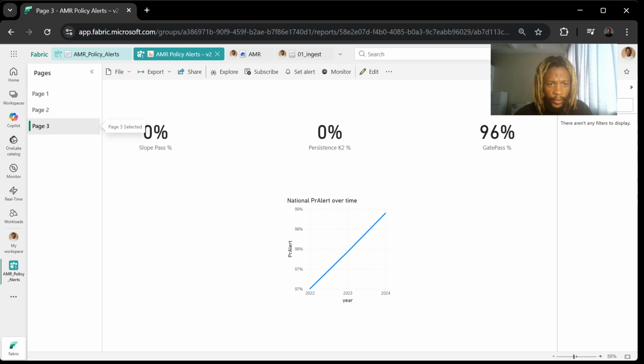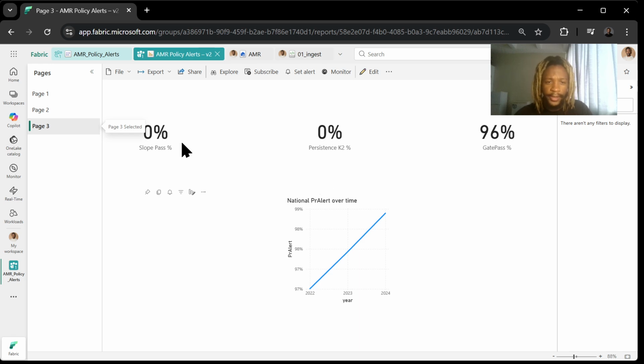Going along finally to page three, it shows how the stability rules perform overall. We have a gate pass percentage, which is the share above the threshold where the probability that tau is greater than 0.8. And then we have persistence K2 percentage, which is the alerts appearing in 2 of the last 3 years.